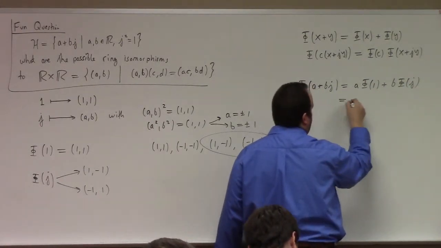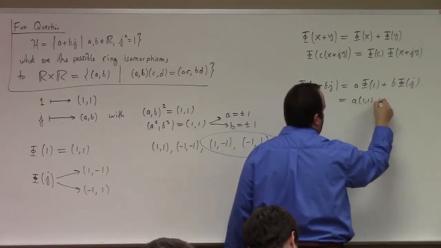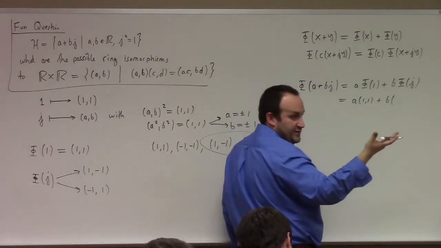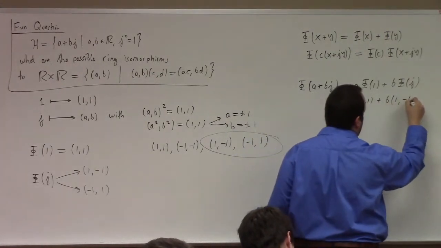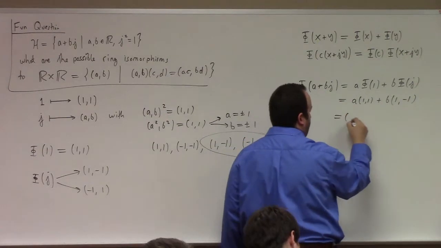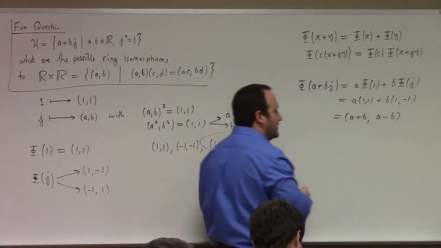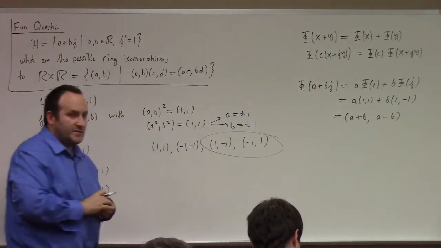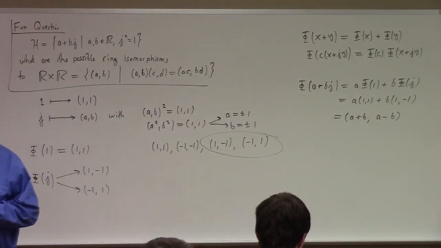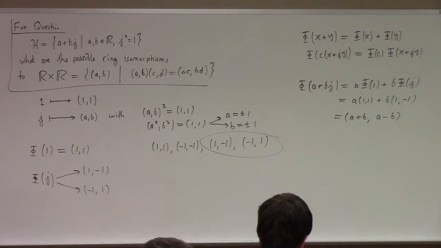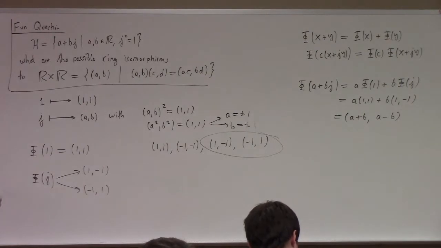Then that will be a times 1, 1 plus b times, depending on your choice. Suppose it's 1, minus 1. Then there you go. This is actually a formula that gives you the isomorphism from hyperbolic numbers to the direct product. And if you choose the other choice, then it's just a plus b, b minus a, I think. No.